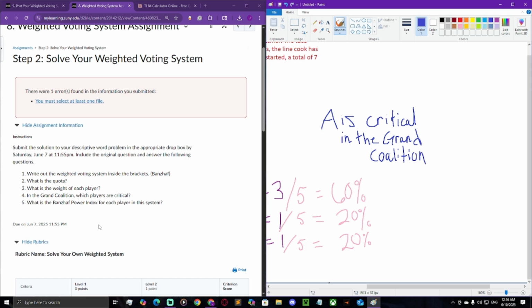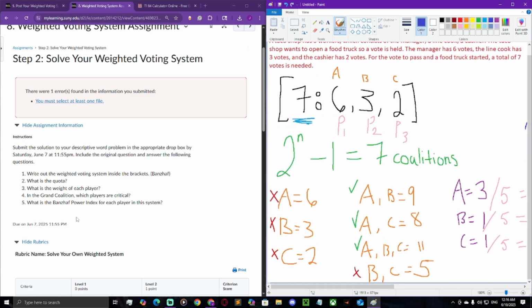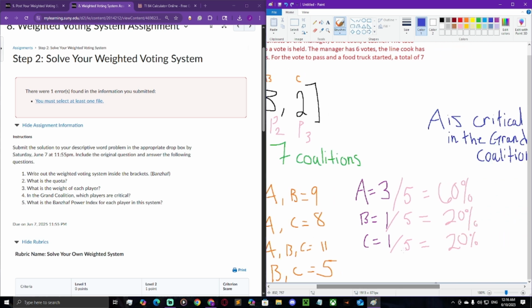Okay. Last question, what is the Banzhaf power index for each player in this system? Well, we already answered that with the weights. So I thought I jumped the gun. Okay. This is the power index, 60%, 20%, 20%.